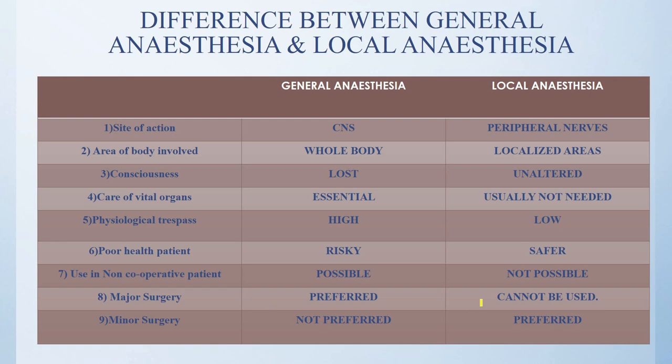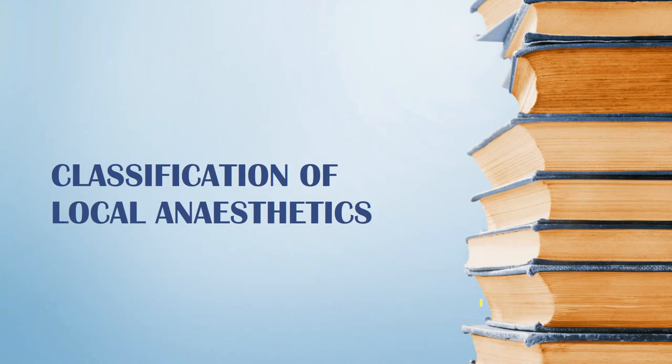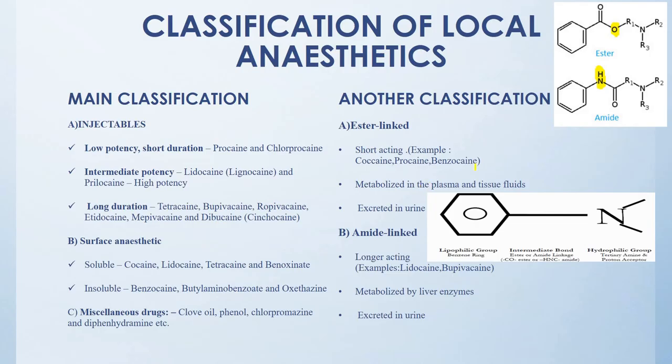So this way we can differentiate how general anesthesia and local anesthesia are important to us, with their various benefits and site of action. Next is the classification of local anesthetics. Here you can see the two major classes.